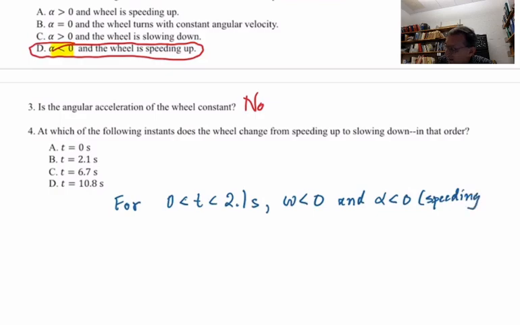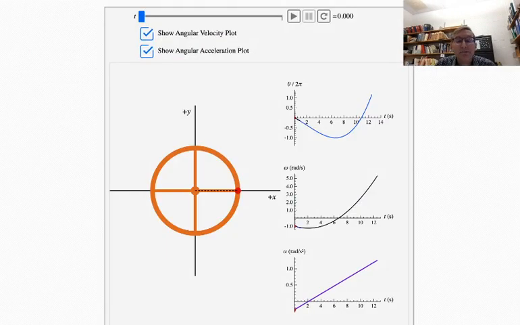So it's speeding up. Okay, I know that for sure. Let's go back to the animation. It turns out that's 2.1, by the way, where that changes, where the alpha is 0.